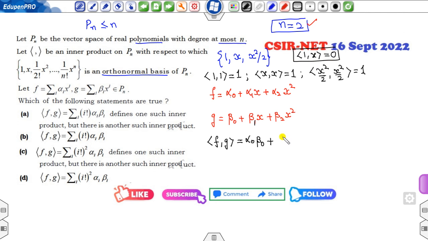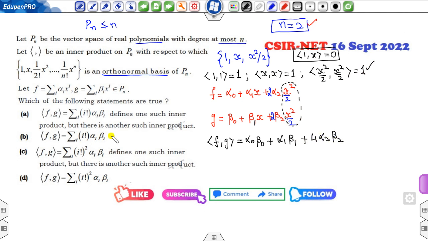That means you have to take this side. But remember, this is x square over 2. So what I can do is multiply by 2 and divide by 2. So the inner product of this is 1, and this number is 4 times alpha 2 beta 2.